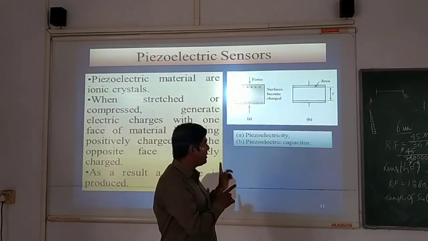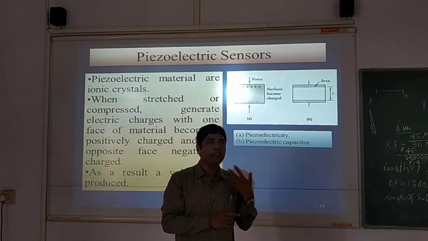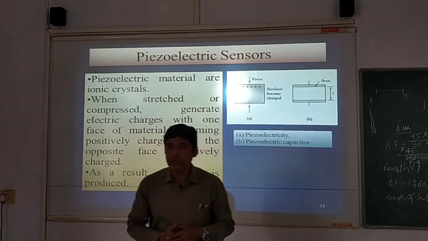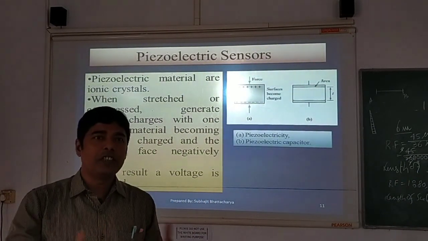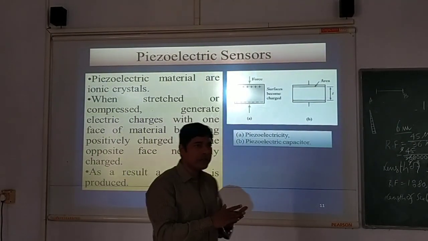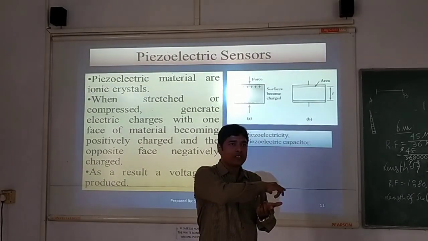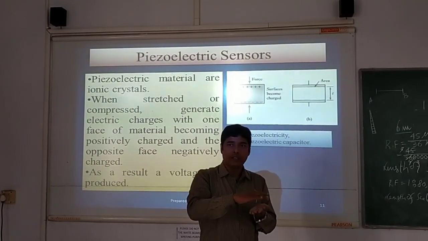In general, these piezoelectric devices are used for measurement of dynamic quantities, say dynamic force or dynamic pressure. What do you mean by dynamic force? Dynamic means changing, not static. In the case of static force, it will remain constant. A strain gauge load cell can be utilized for measurement of static force.